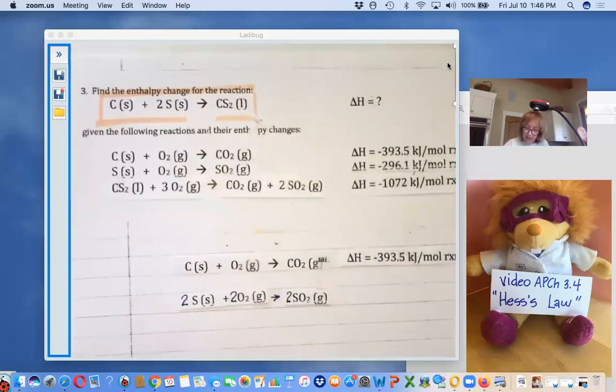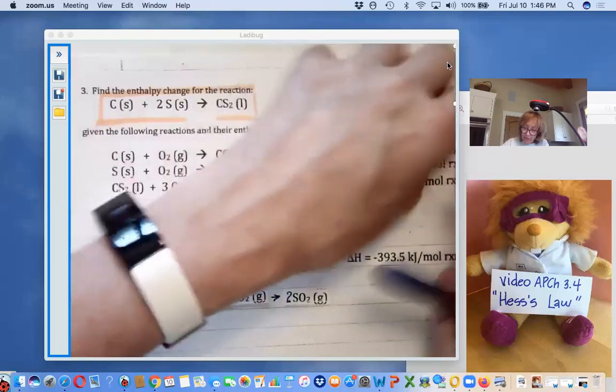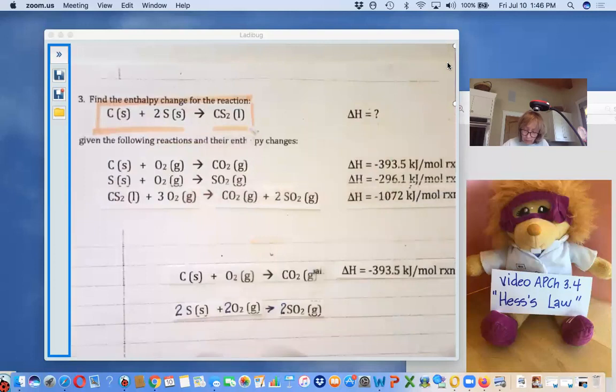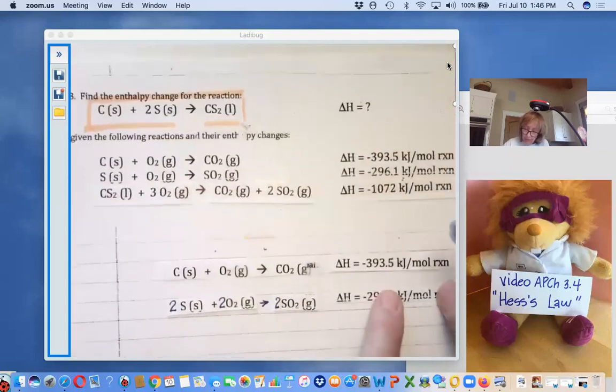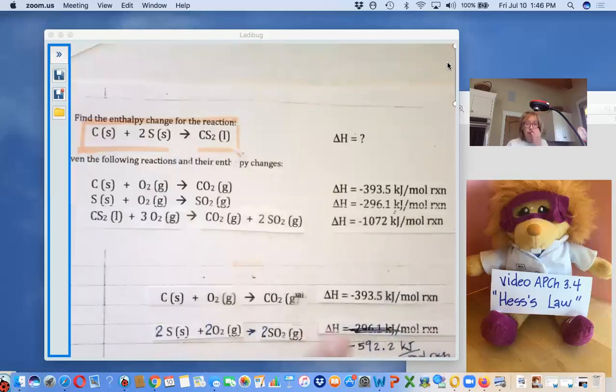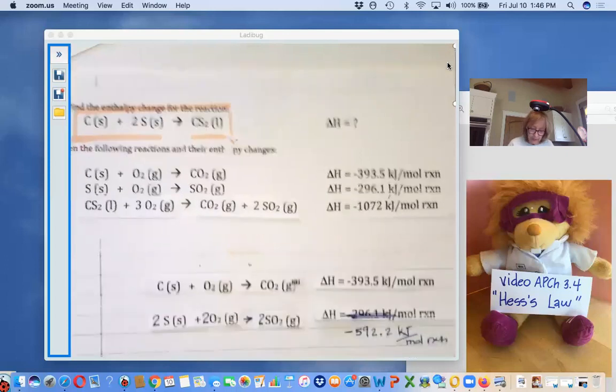Now, when I do that, the delta H for that original equation also has to be multiplied by 2. So my new delta H, I am multiplying this by 2, so that's going to be negative 592.2 kilojoules per mole reaction. I'm going to take this guy away so that I don't inadvertently use it again.